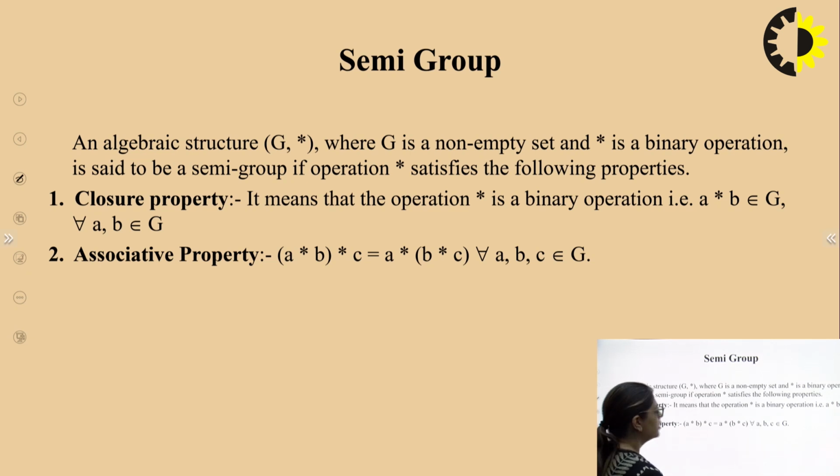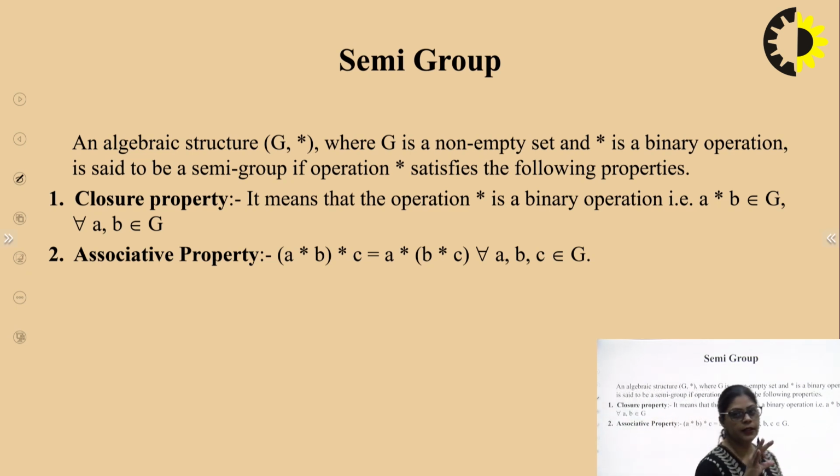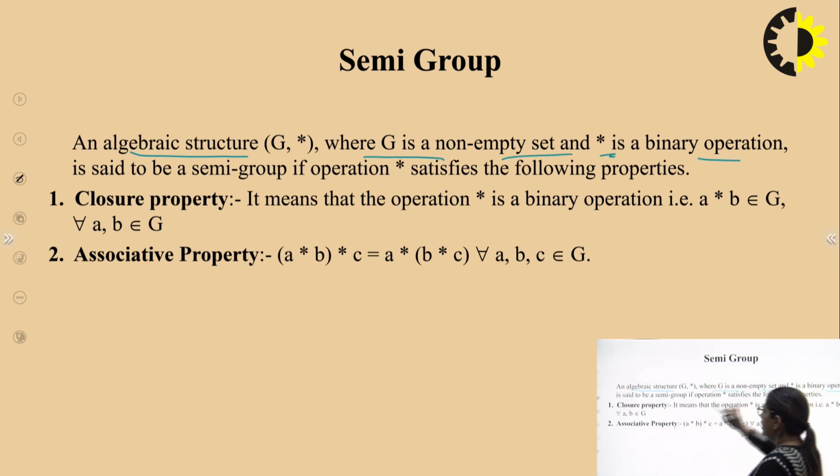Now what is a semigroup? Now based on these properties, we will divide the various categories of the sets in which we can keep these elements, right. An algebraic structure G, where G is a non-empty set and star is a binary operation, is said to be a semigroup if the operation star satisfies the following properties.